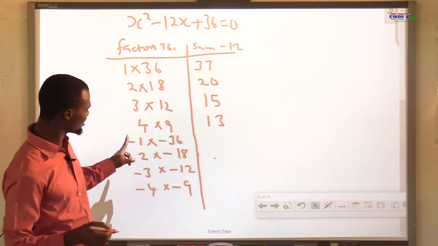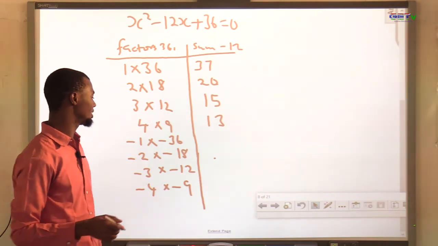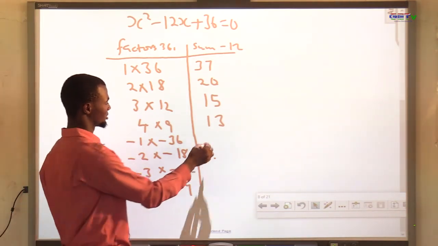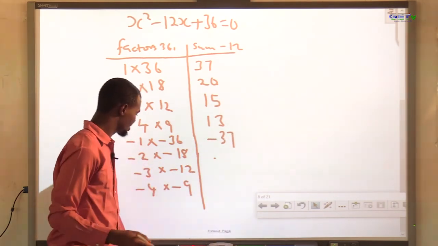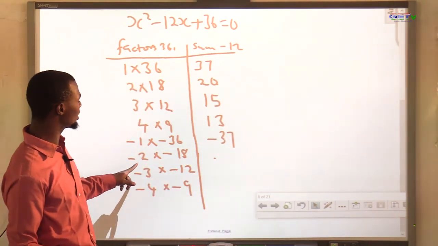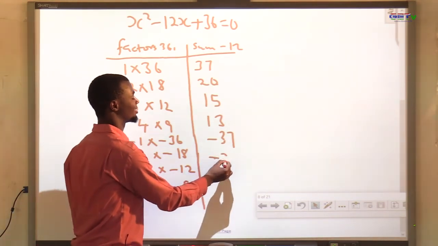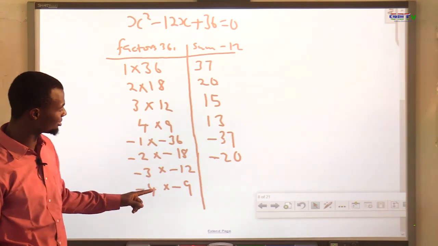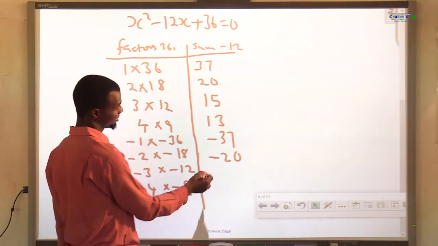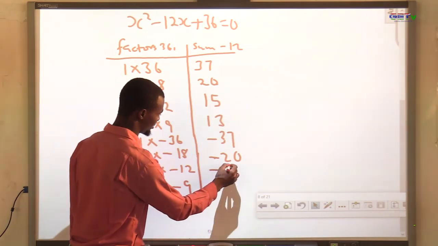If you add negative 1 and negative 36, that will give you negative 37. If you add negative 2 and negative 18, it will give you negative 20. Negative 3 and negative 12 gives negative 15.